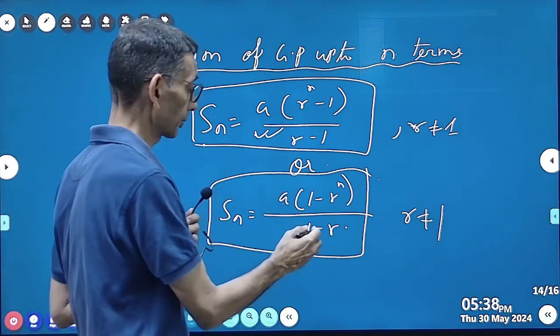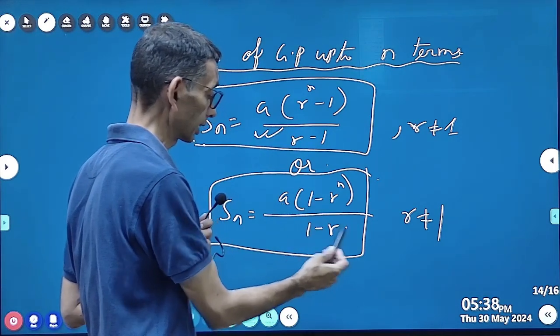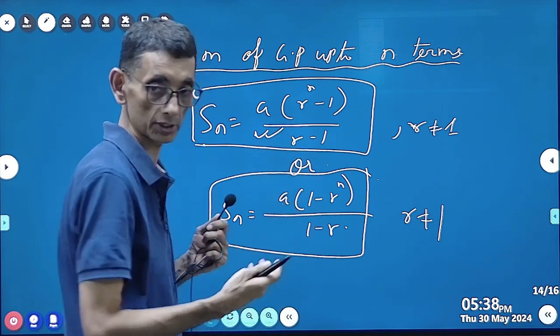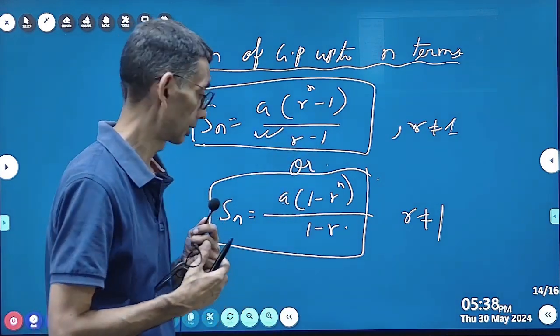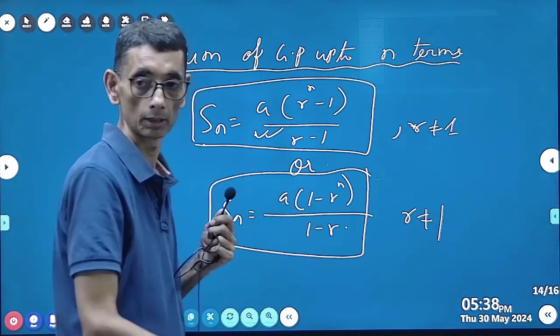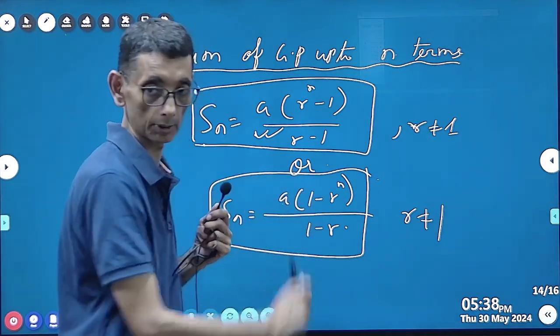But if you use the other formula, in this case you will be getting a minus sign. So to avoid the minus sign, we will use whichever formula is suitable for the question. But if r is a half in the question, then you can use the other formula. Then 1 minus r, 1 minus half will be half, so it will remain positive. Right.